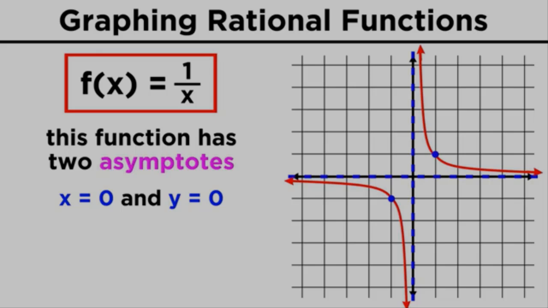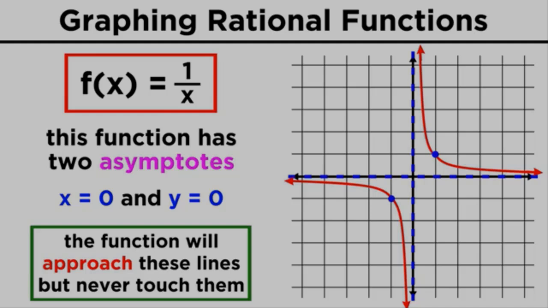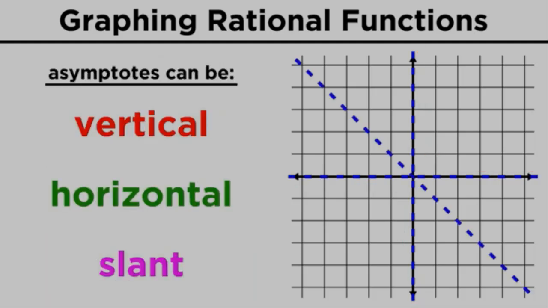What we can say about this function is that it has two asymptotes that can be represented by x equals 0 and y equals 0. These are lines that the function approaches, getting closer and closer, but never quite touching. Asymptotes can be vertical, horizontal, or at an angle, and finding these will be the key to graphing rational functions.